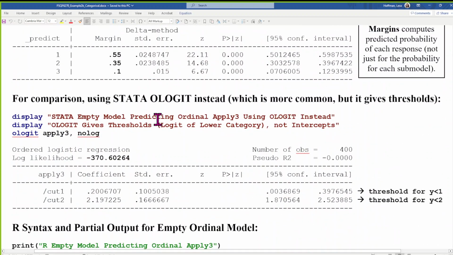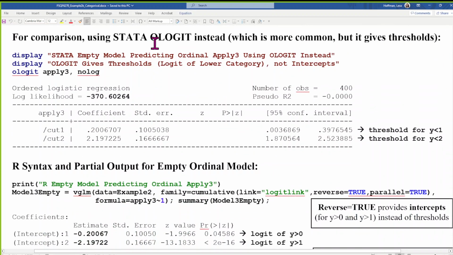So here's what we would get out of ologit instead, the more commonly used routine for this. It gives you something called cut 1 and cut 2, which is your first clue that this is not an intercept. Cut point, maybe? I think that's what it is. And so note these are the same numbers with the minus sign removed.